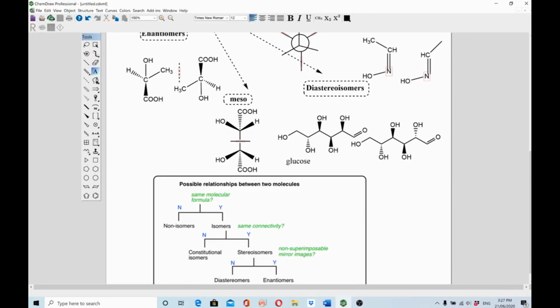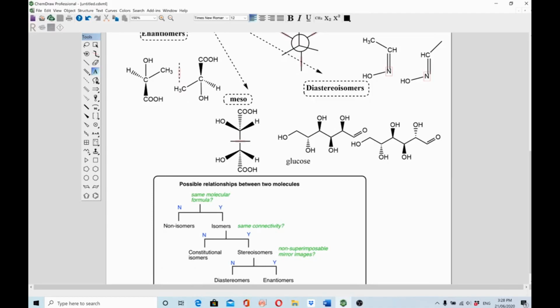If they have the same molecular formula, then isomerism exists. If the molecular formula of two compounds is not the same, then there cannot be isomerism. Okay, so this is no, means two compounds do not have the same molecular formula, end of the story. But if two molecules have the same molecular formula, then the story goes on.